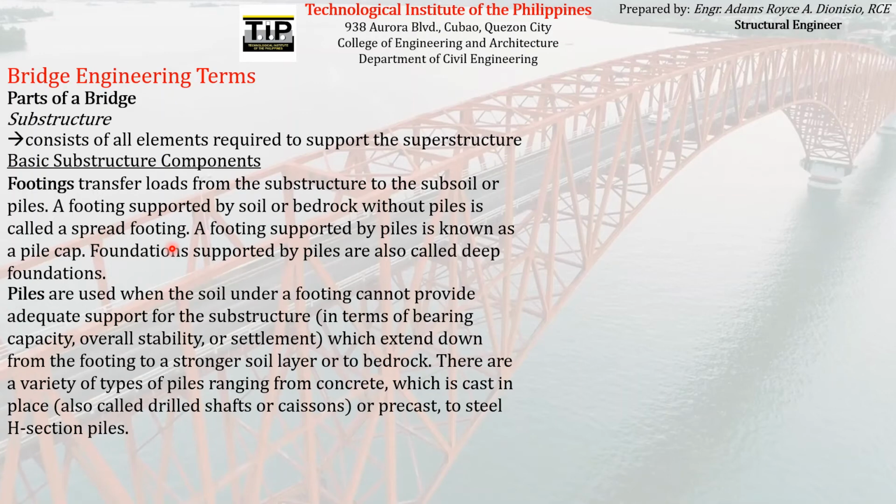So sometimes we use deep foundations, wherein we use piles that extend down into the earth until they reach a very strong soil layer or bedrock. These piles are connected to the footing.